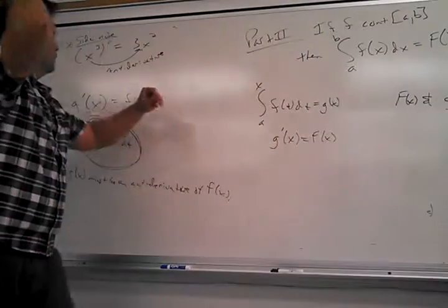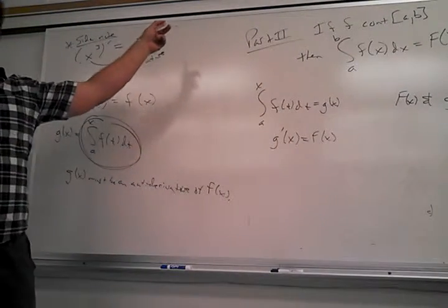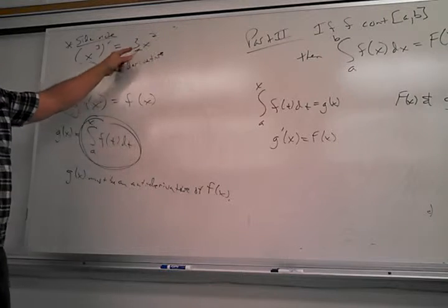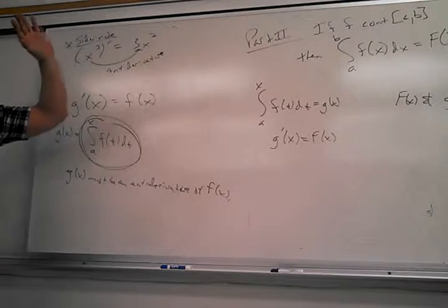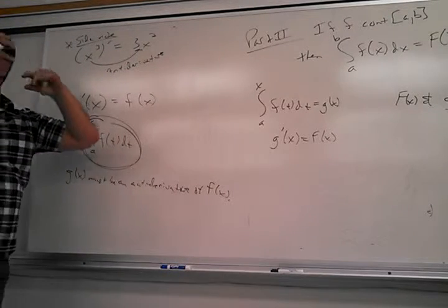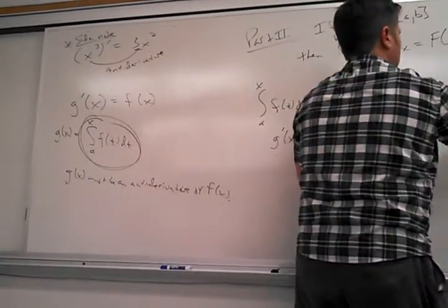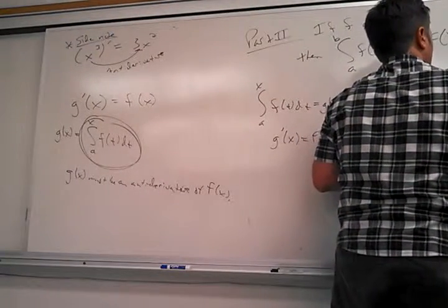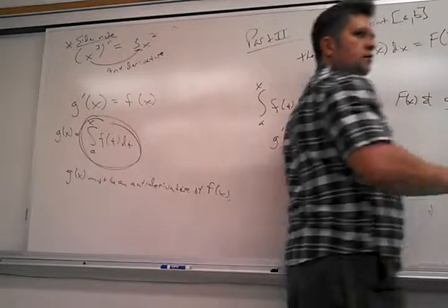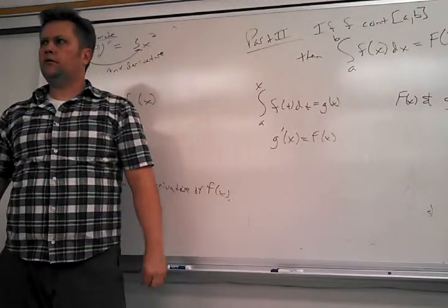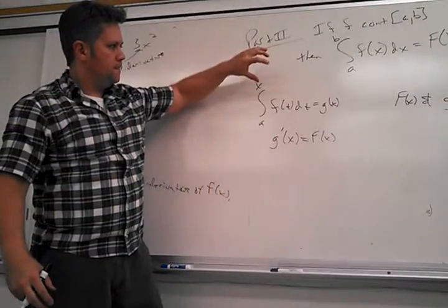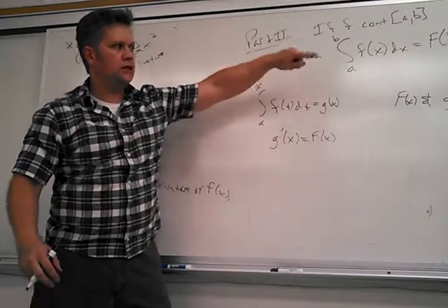Well, what was missing from this discussion, you guys pointed out? When I said that that's an antiderivative, it was missing the plus c, right? So F and g differ by C.